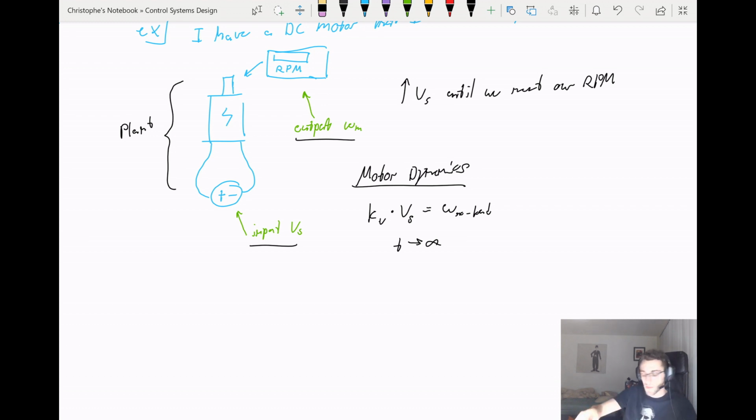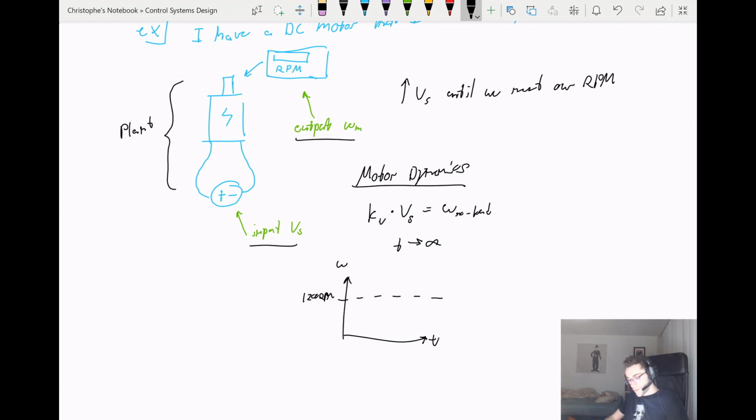That's what we want to ask, because when you apply that voltage, so we have time on the x-axis, and we have omega on the y-axis, and then we say 1,200 RPM.